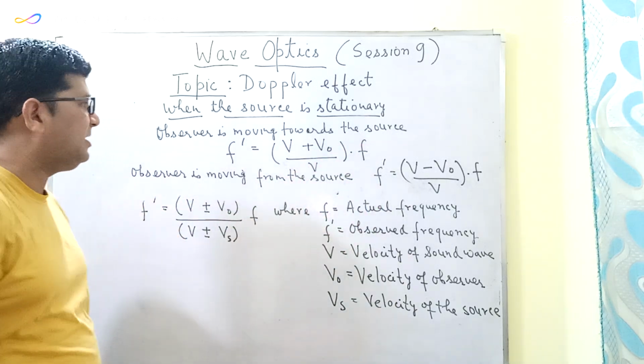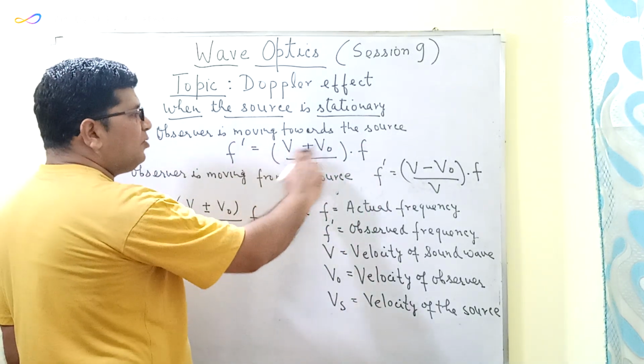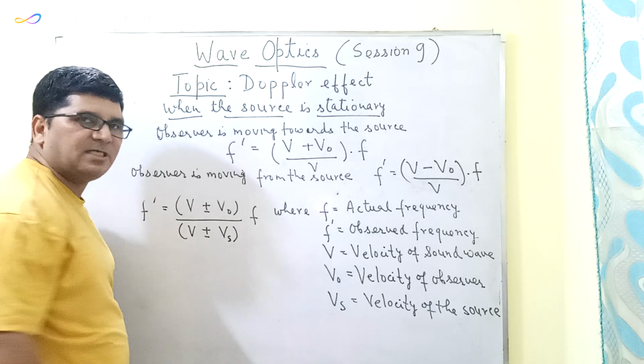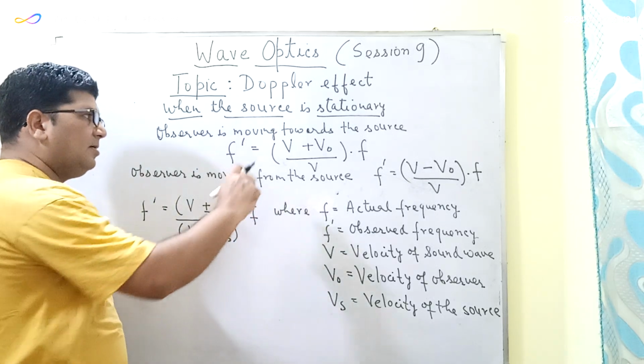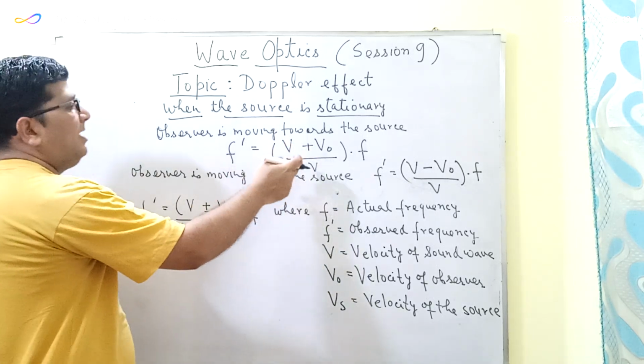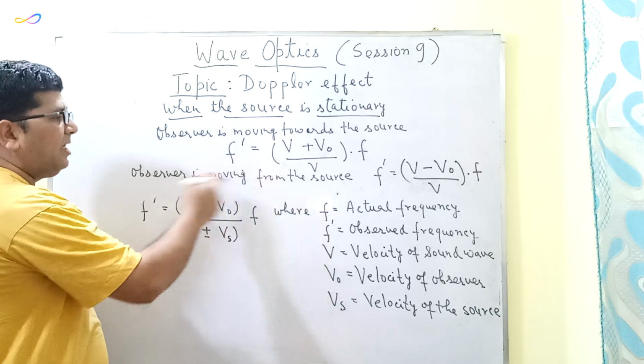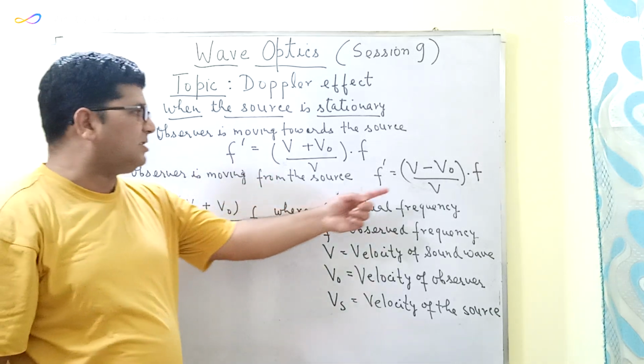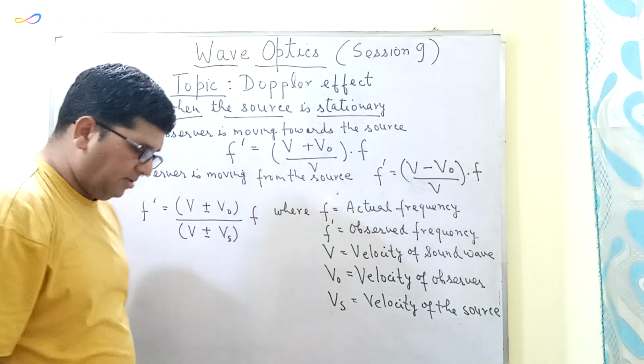Here the most important thing is that when the observer is moving towards the source, the velocity is taken as positive, and when the observer is moving away from the source and the source is stationary, the velocity is taken as negative. Okay?